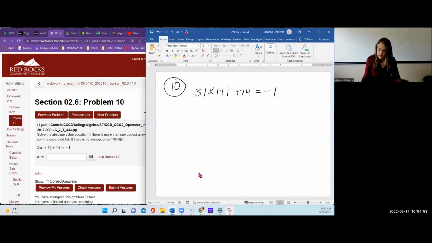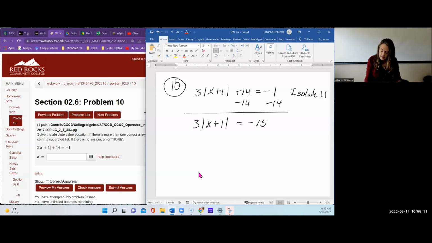That's step 1. That means that I need to move the 14 first by subtracting it from both sides of the equation. That leaves me with 3 times the absolute value of x plus 1 equal to -15.